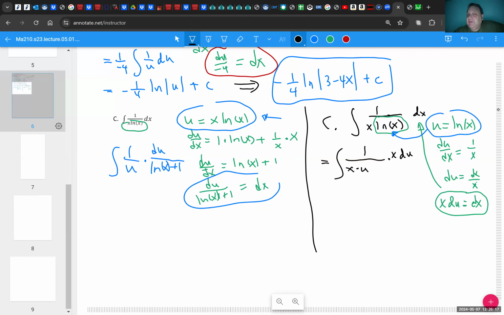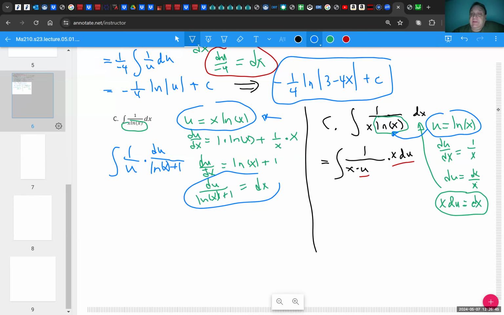All right, so I just want to make sure people see this. We took this integral. I let u be the ln x part, put that in for u. When I calculated the derivative, I got dx was x du, and so I put that part in. So this is my x du, and there's my u. Now, if you look at this for a moment, you may realize, even though we have mixed variables, we have both x's and u's, the x's divide out.